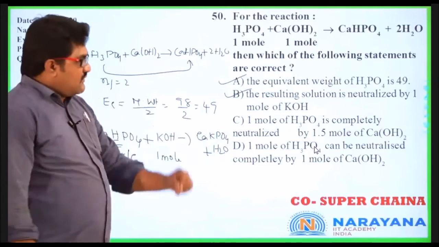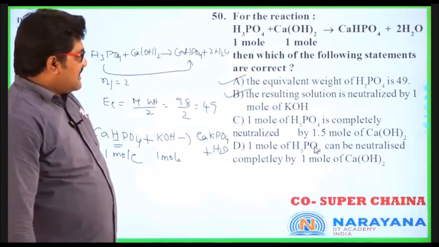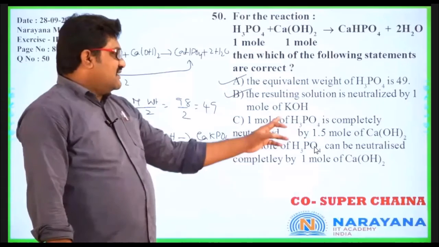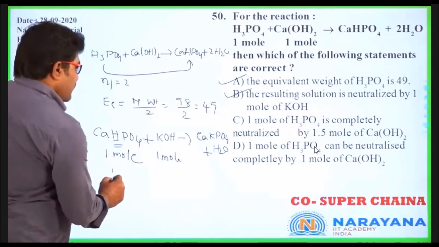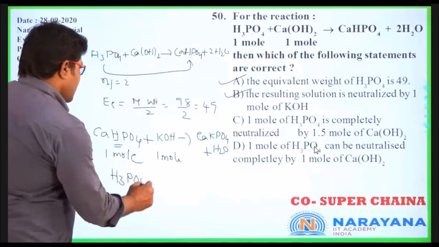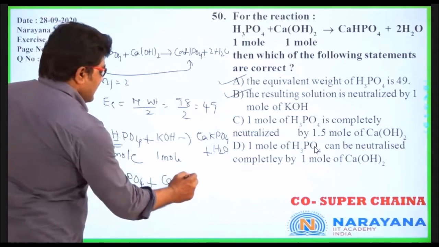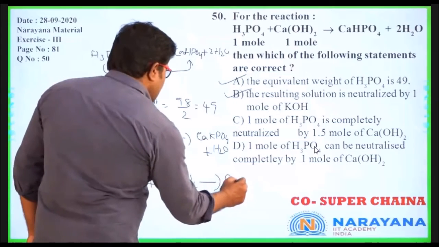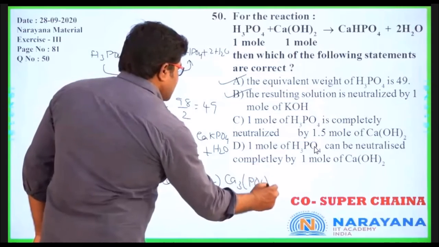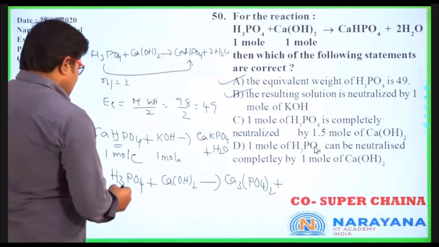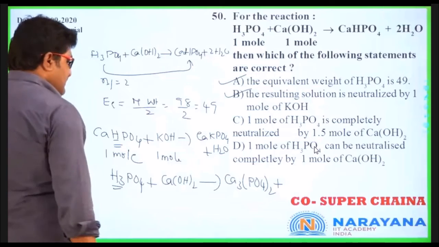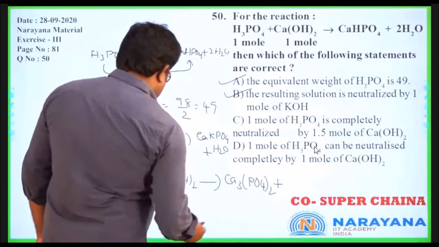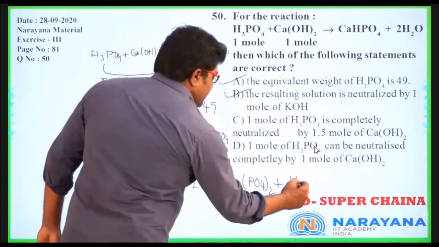Now, 1 mole of H3PO4 is completely neutralized by 1.5 moles of calcium hydroxide. Here 1 mole H3PO4 plus calcium hydroxide forms Ca3(PO4)2 taken 2 times, plus here 3 hydrogens are there, so H2O.